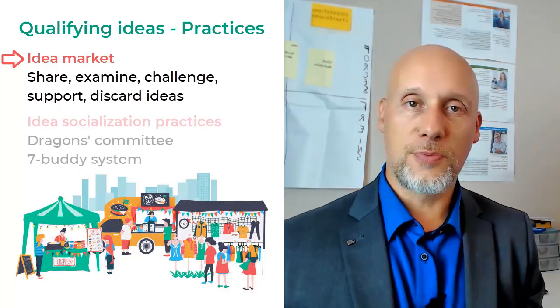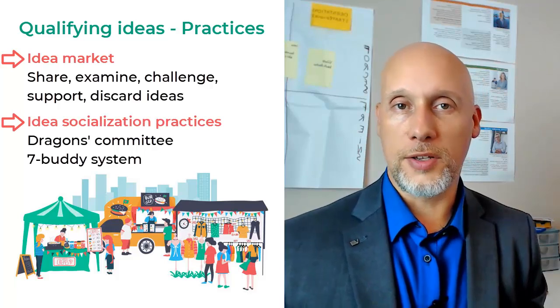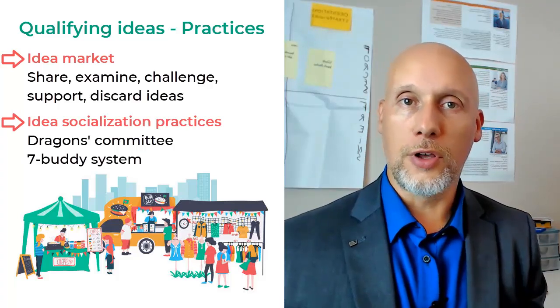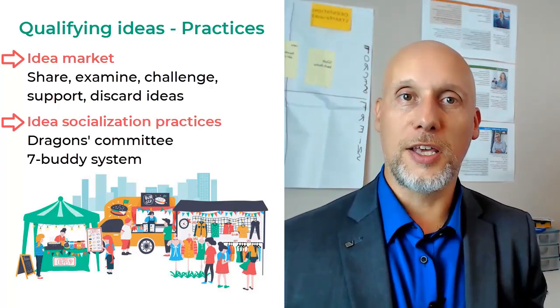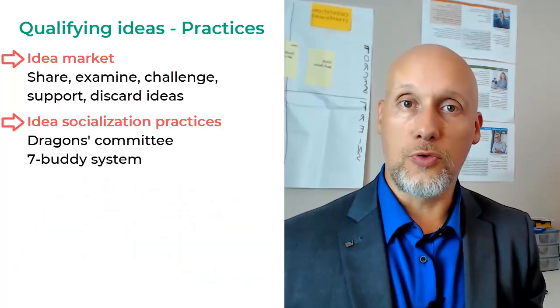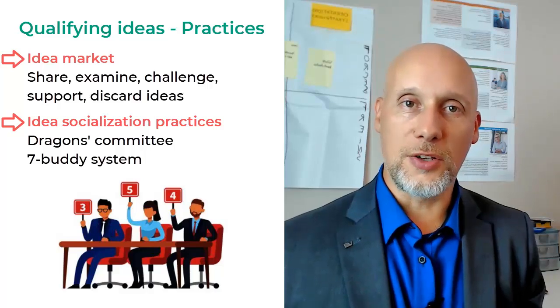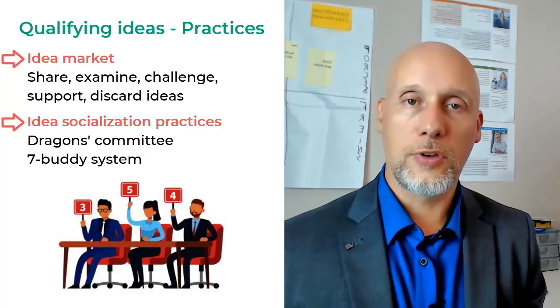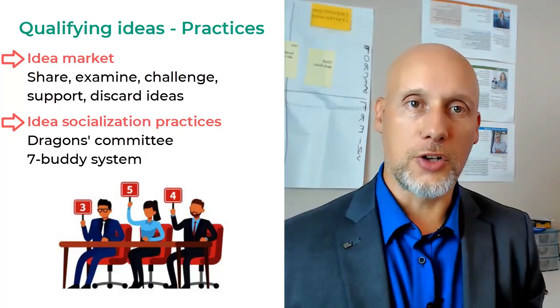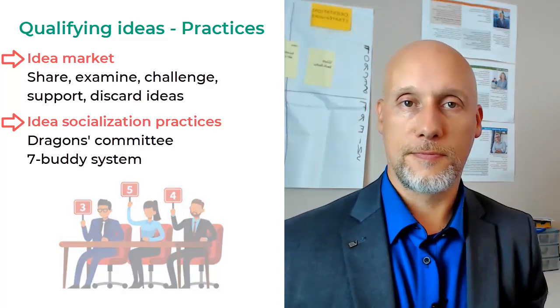Here we emphasize mostly social practices to qualify ideas, meaning practices that rely mostly on actual conversations and in-person interaction. One of these practices is the Dragons Committee. The person having the idea presents the idea to a panel of people, the dragons, who will criticize and challenge the idea and score it eventually to prioritize it.